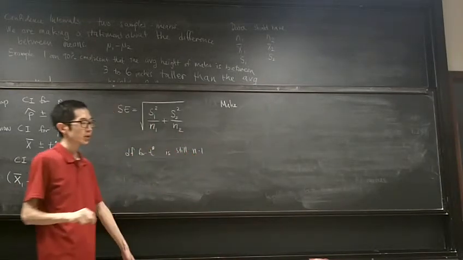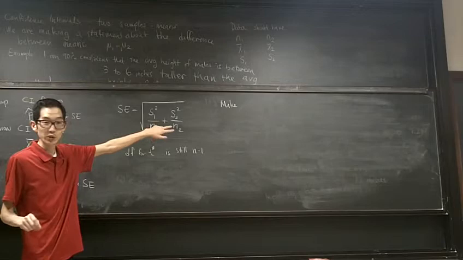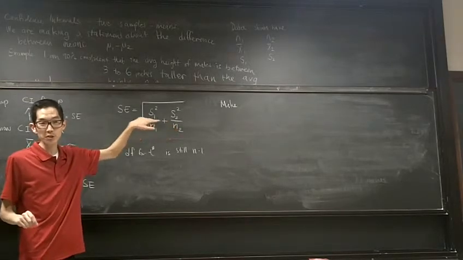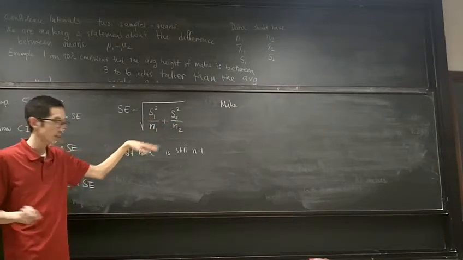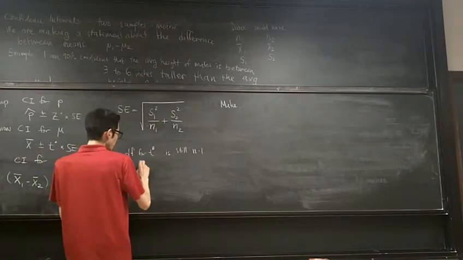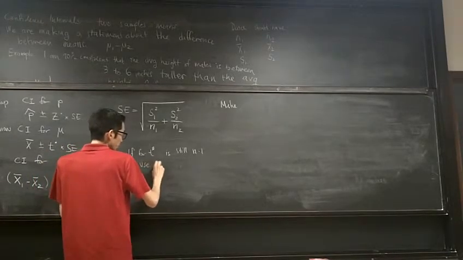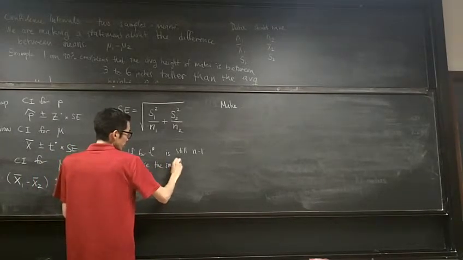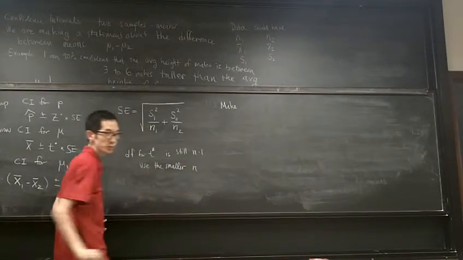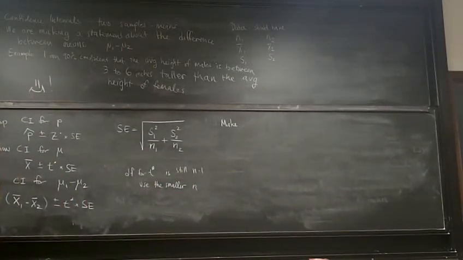But you've got 2 n's. Whichever, use the smaller n. So it's still n minus 1, but use the smaller n.